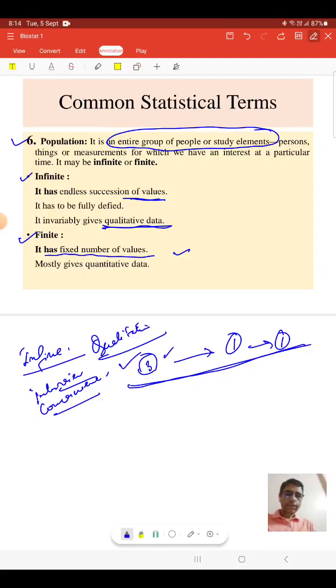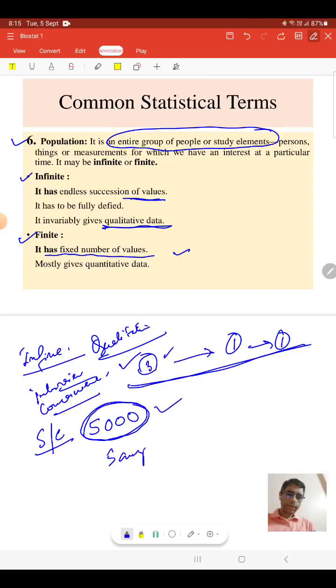A finite population we predetermine, like I have mentioned earlier. Say in the case of a subcenter area population of 5000, we have predetermined that we are going to collect observations from these 5000 people, maybe a sample of them, we shall come to sample later on, and use quantitative data.